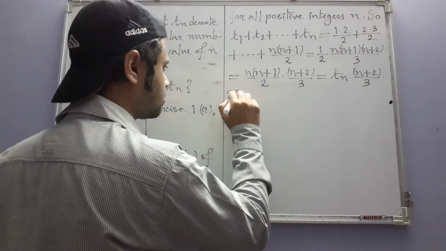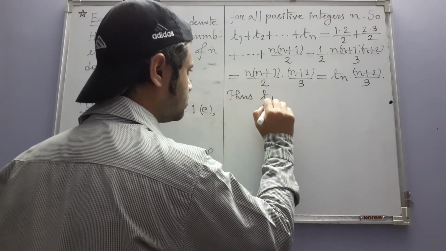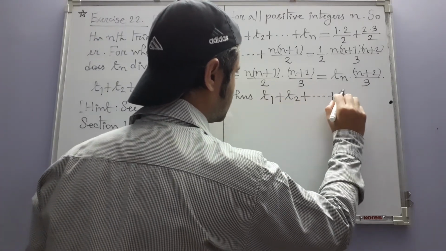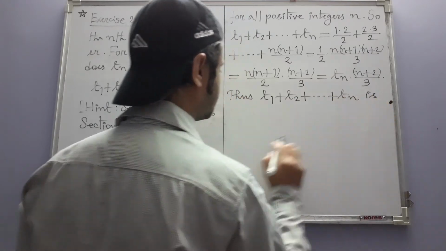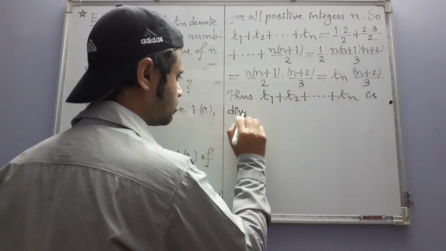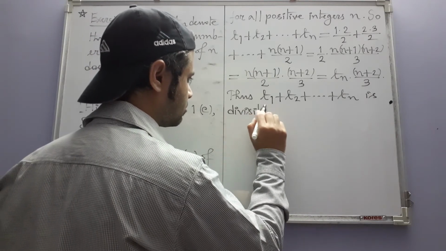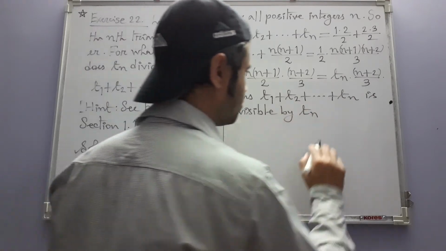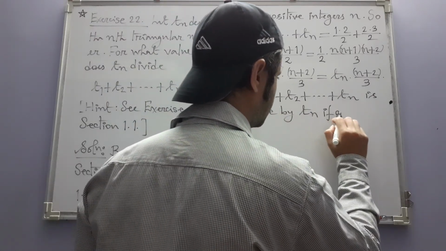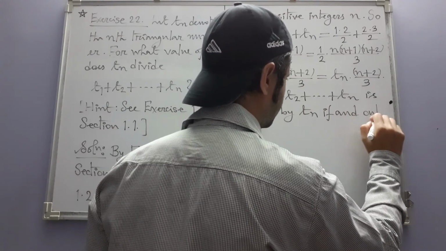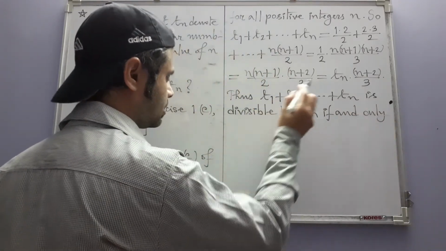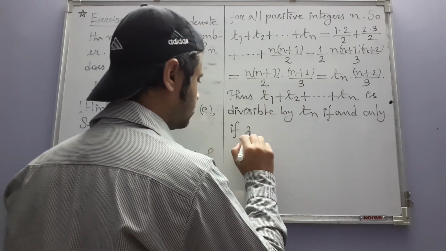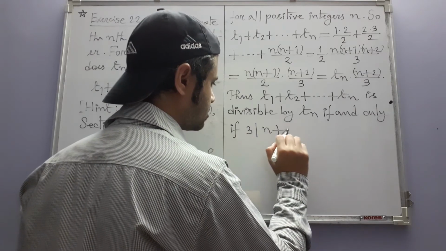Thus, this is divisible by tn if and only if, it's both ways that follows from this equation, 3 divides n plus 2.